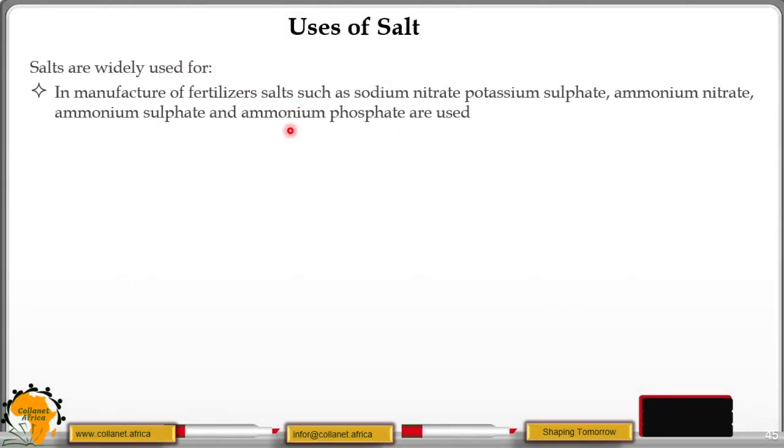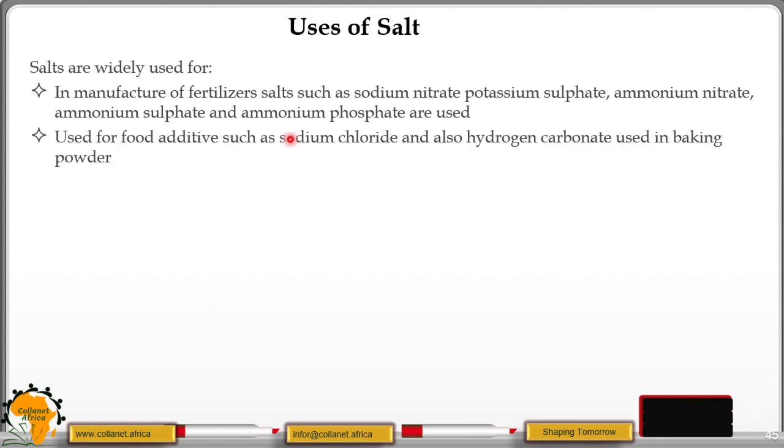Then let's look at the uses of salts. Salts are widely used in the manufacture of fertilizers. Salts such as sodium nitrate, potassium sulfate, ammonium nitrate, ammonium sulfate, and ammonium phosphate are normally used in the manufacture of fertilizers.